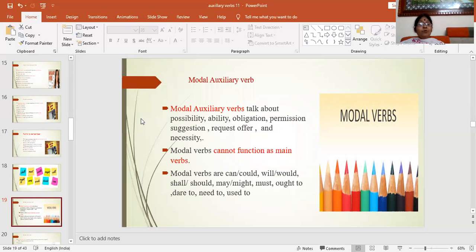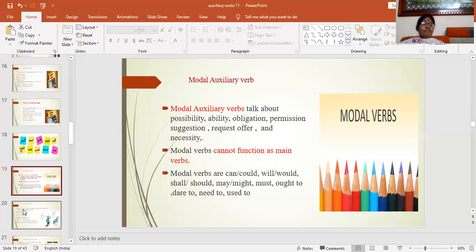Now, what are the modal verbs? As we have seen in the picture a little while ago, they are can, could, will, would, shall, should, may, might, must, ought to, dare to, need to, used to. So these are all the modal verbs. Now let us see how they function.